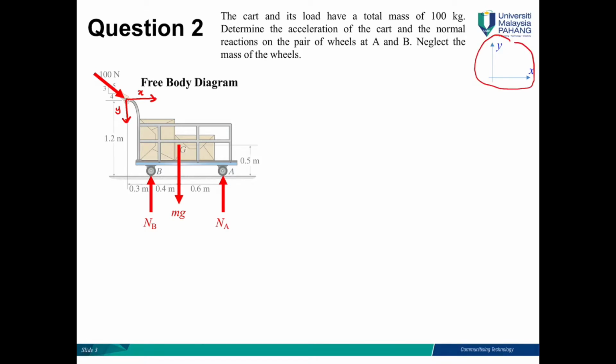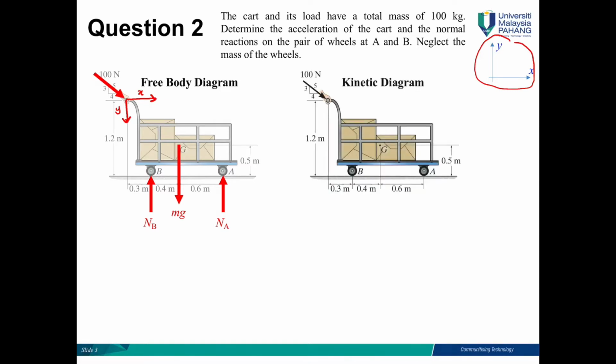We still define our coordinate system X positive to the right and Y positive pointing up. All right, so when the free body diagram is done, then we draw the kinetic diagram. Obviously, the card is not moving up. There is no rotation. So the only arrow we have is moving to the right in x-axis, which is magx.